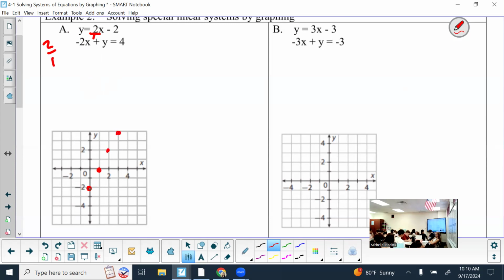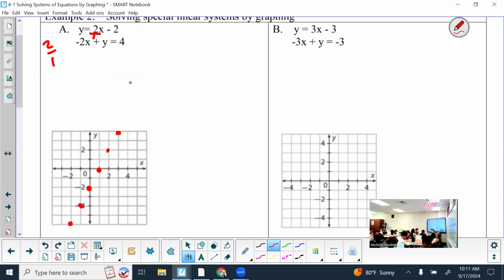If for some reason I needed to work backwards, I'd go down 2 to the left 1 from my y-intercept. You know you're on the right track if you made a straight line. If it's not straight, then something's wrong. I'll put my line there in a second. But that's the first one, already in slope-intercept form.